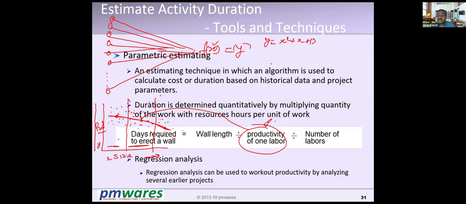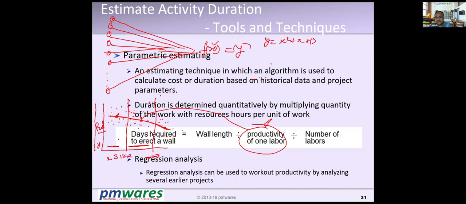Now 50, 60, 100 projects actually represent the characteristic of the organization, right? The actual behavior of the organization. So the way 50, 60 projects have gone, the same way my project will also go. And therefore, these estimates will be much more accurate compared to the analogous and the WBS expert judgments.